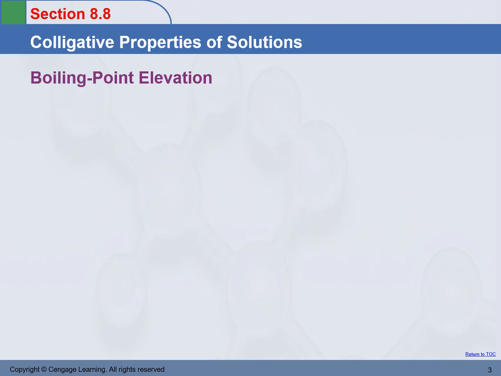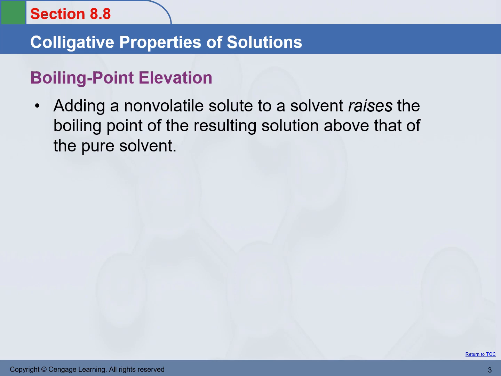Boiling point elevation. A solution will boil at a higher temperature than the pure solvent itself. Why? Well, it is not that hard to understand now, if you do understand the vapor pressure lowering property that we just discussed a minute ago. We learned some time ago that a lower vapor pressure always results in a higher boiling point.